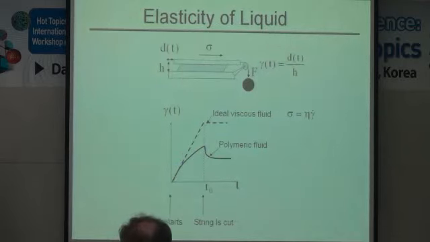You can actually measure the elasticity of the liquid in the following way. You have this sample, and you sandwich it between two plates, and you put a weight here. You actually shear the top plate, fixing the bottom plate, and due to gravity the top plate slides.